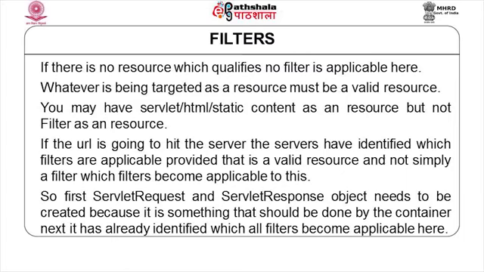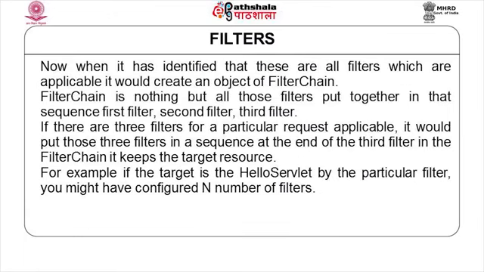Filter chain is nothing but all those filters put together in sequence: first filter, second filter, third filter. If there are 3 filters applicable for a particular request, it would put those 3 filters in a sequence, and at the end of the third filter in the filter chain, it keeps the target resource.